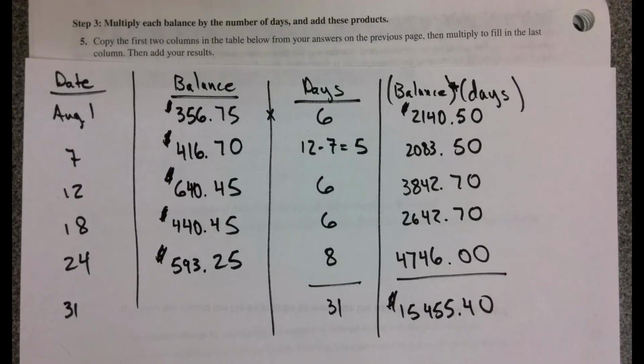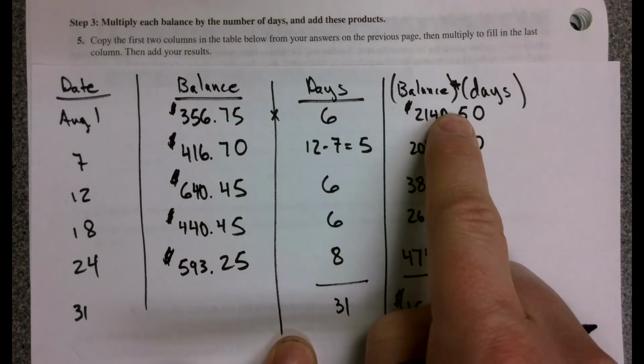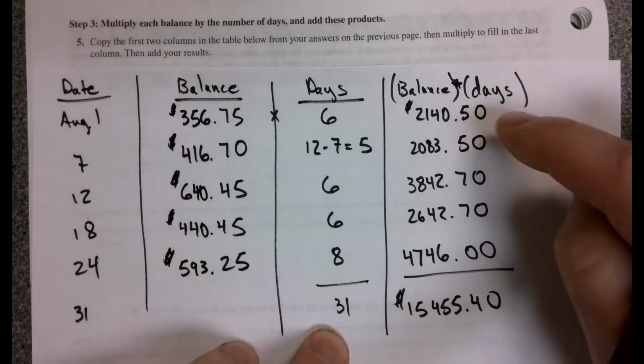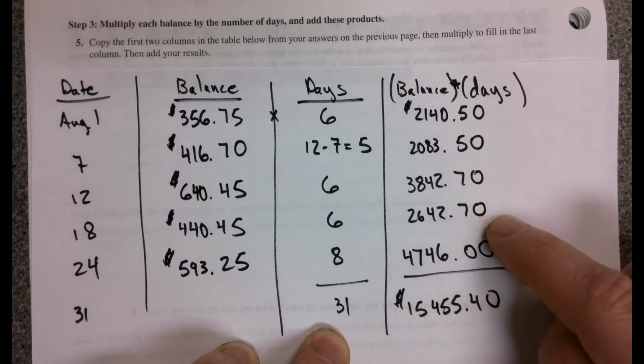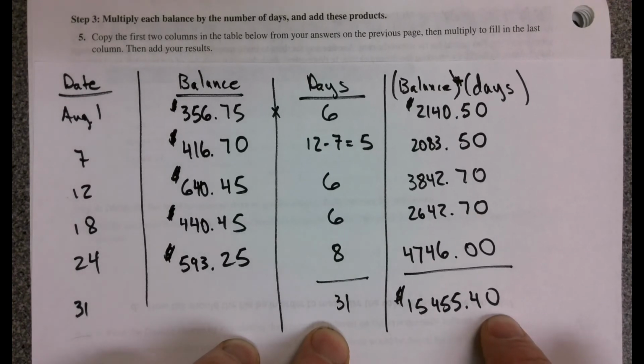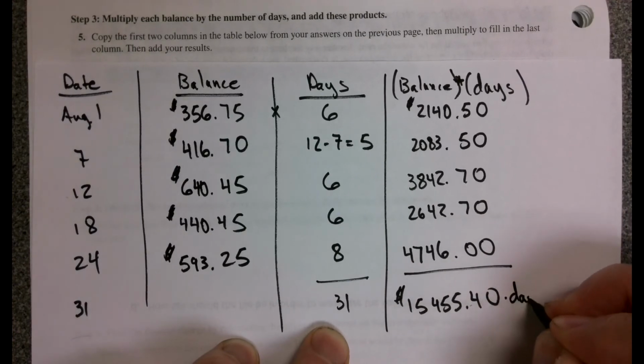Okay, so what I've done is I have filled in this number times this number equals this. 416.70 times 5 equals this. I've then added up all these balances times days to get 15,455.4. If you think about the units on this, this is dollars times days.